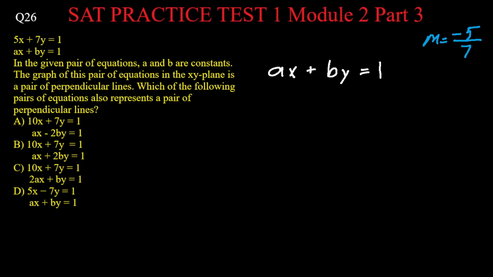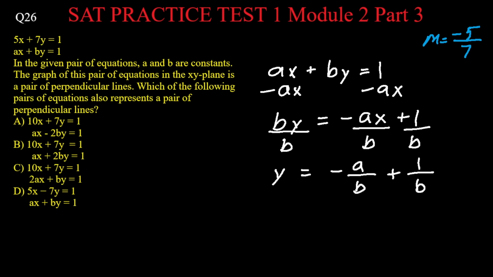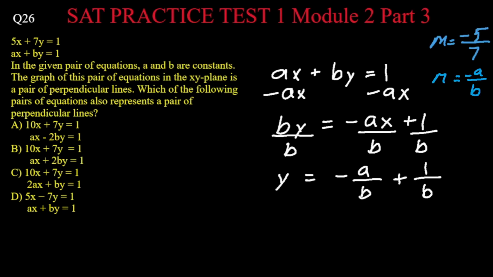Moving on to the second equation, I subtract ax from both sides, and then I divide both sides by b. And I see the slope of the second one is minus a over b. So since the slope of the second one must be 7 over 5, the negative reciprocal, then a must be minus 7. I'll write it in over here.